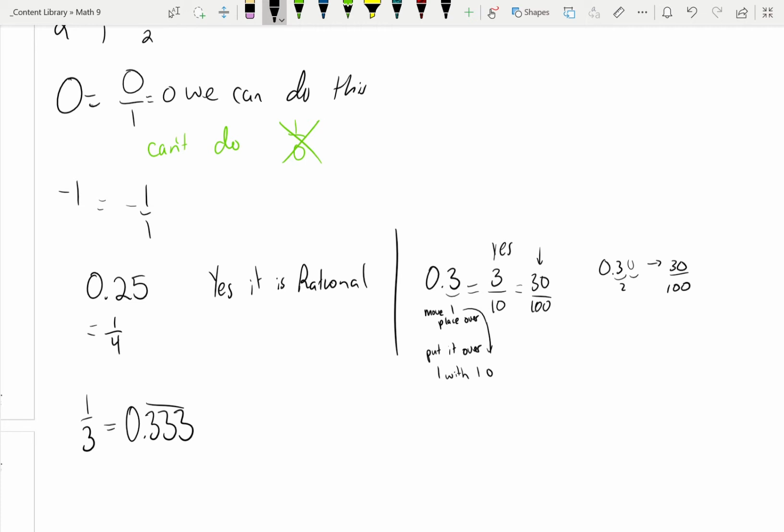Now, it seems strange, but the thing is that 0.333 is predictable. Because it repeats, I know what the 10th digit is, or what the 100th digit is, or what the millionth digit is. It's going to be a 3. So in this case, it is rational.